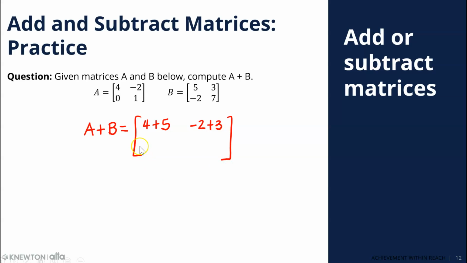And then the second row, first column entry is 0 plus negative 2, which is the same as 0 minus 2. And then 1 plus 7 for the entry here. Again, you add corresponding entries. So therefore, we have 9, 1, negative 2, 8. This matrix here is the sum of matrix A and B.